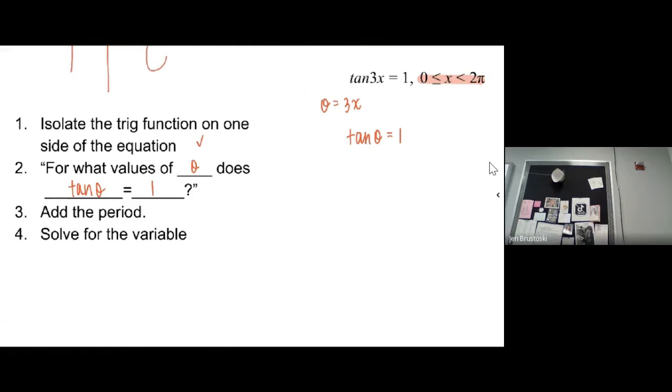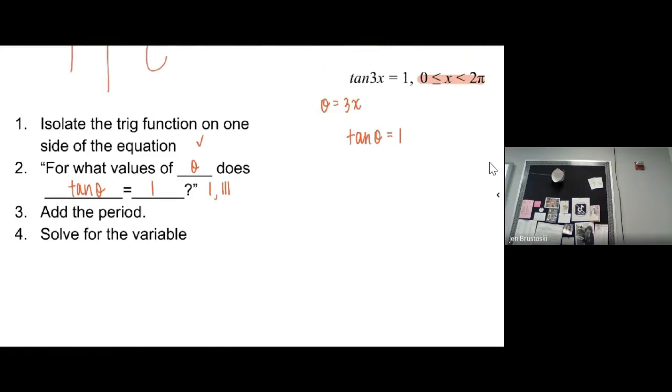Anna? 1 and 3. Okay, so in quadrant 1 and quadrant 3, tangent is positive.